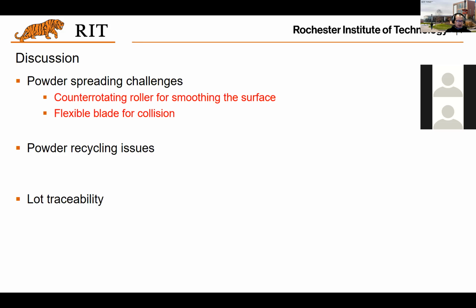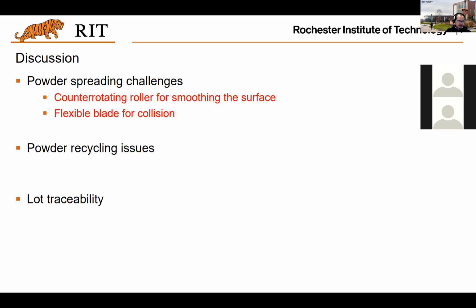If that happens, to avoid an interruption of the process, the blade needs to be flexible. In such a case, even if there's a little collision, it can still process. Of course, if the part has some problems on the platform, in the printing bed, and is tilted, let's say, there will be a large area of collision between the part and the blade.